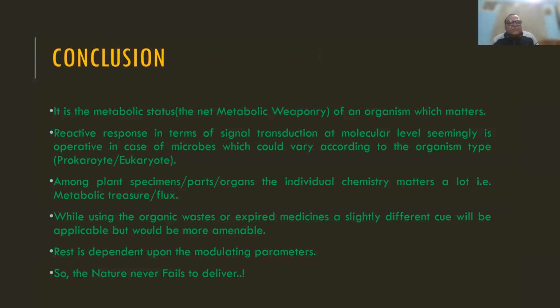Reactive response in terms of signal transduction at the molecular level is seemingly operative in microbes, which could vary according to the organism type. Prokaryotes will have larger molecules, eukaryotes will have much smaller molecules, with better monodispersity. Among plant specimens, parts, and organs, the individual chemistry matters a lot. That is metabolic treasure, metabolic flux.